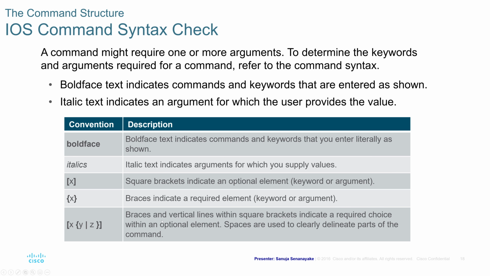The vertical bar indicates the different choices available within those optional elements, and spaces are used to clearly separate those parts into separate sections. So that's what we're going to do for the next few slides. So let's go ahead.